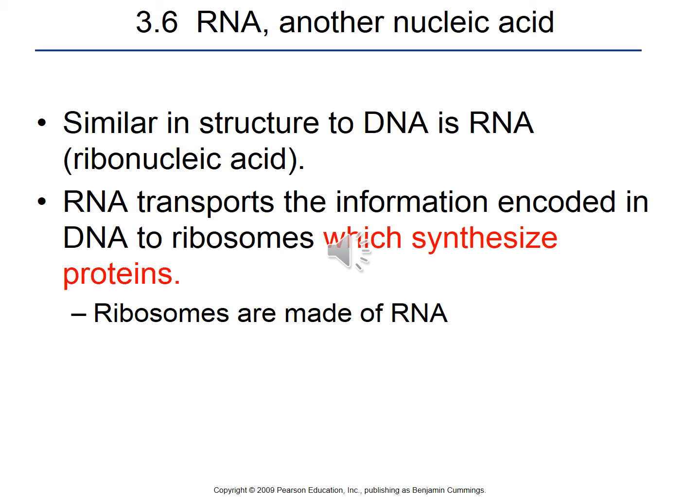RNA is single-stranded and it leaves the nucleus and it transports the information from your DNA to ribosomes out in the cell, which then make or synthesize proteins. Ribosomes, which make proteins, are also made up of RNA.